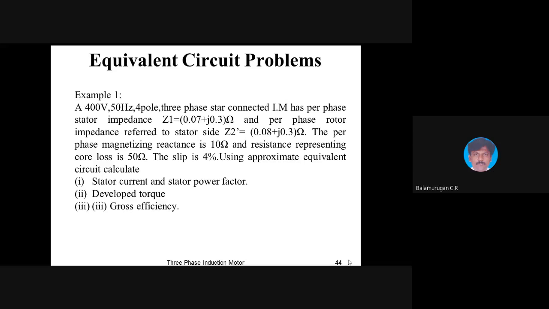And what is the formula for I0? I0 you can give as IW plus IM, or IC plus IM. You can write this as V1 by RC, and this as V1 by JXM.